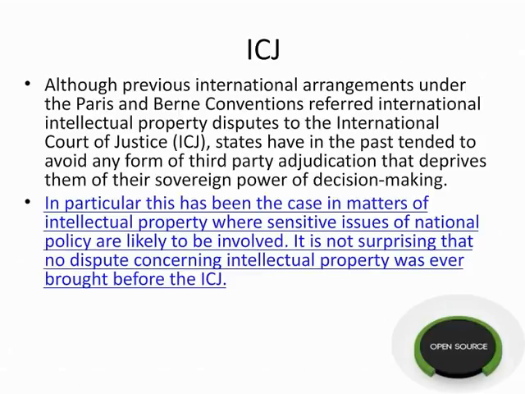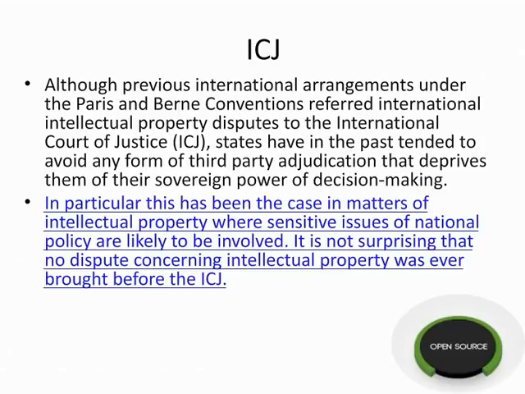And one strategy is, if you're having a problem figuring out why you can't find information, to use a secondary source to help you advance to the next level. And this sort of helps us understand that a little bit better. This basically talks about the fact that although you can bring intellectual property disputes to the International Court of Justice, national states have tended to avoid using the ICJ as they felt it deprived them of their sovereign power of decision making.